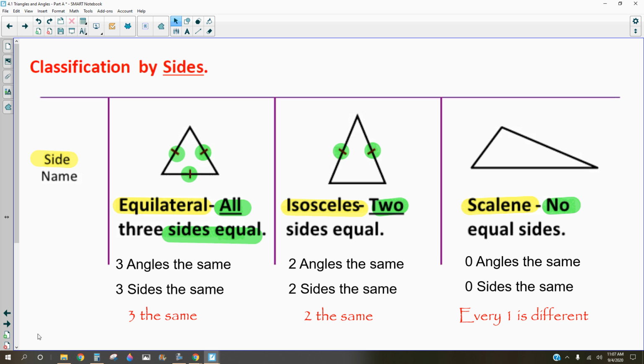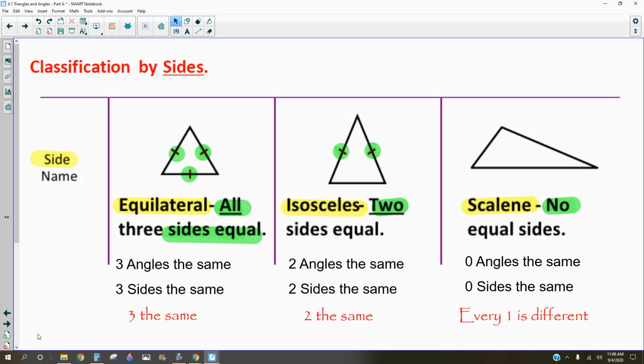Isosceles. Isosceles triangles are ones that have two angles or two sides that are the same. A scalene triangle has no angles that match and no sides that match. Everything is different.